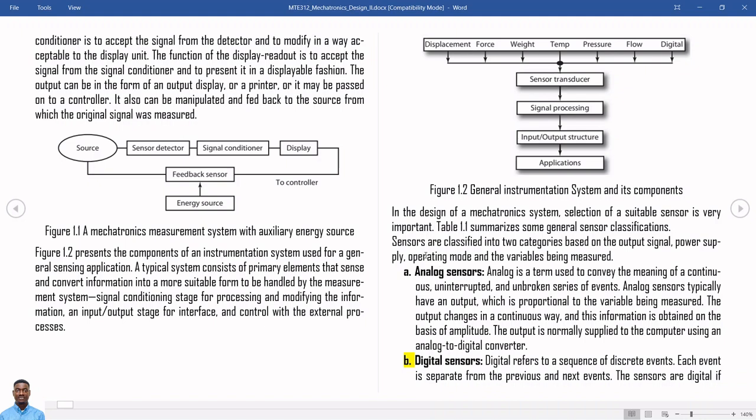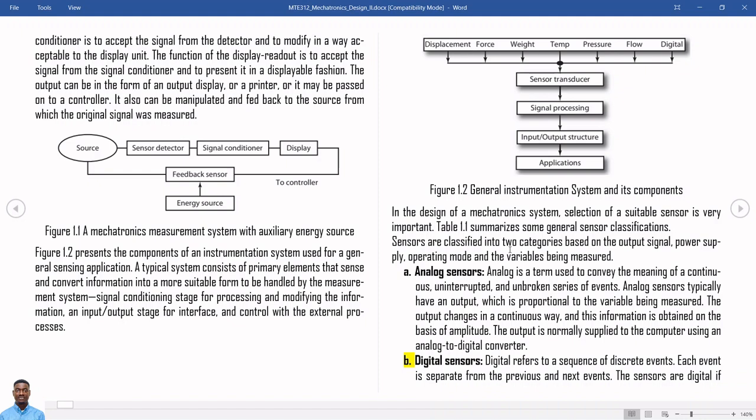Then we have the operating mode and the variables being measured. So based on these four factors, output signal, power supply, operating mode, and the variable being measured, sensors can be classified broadly into two categories.